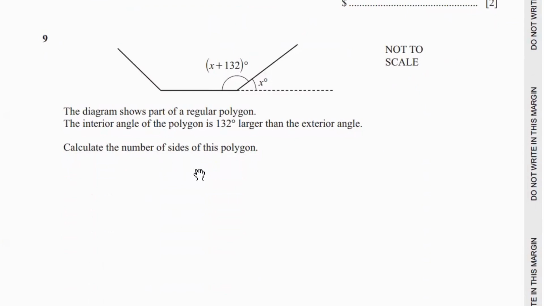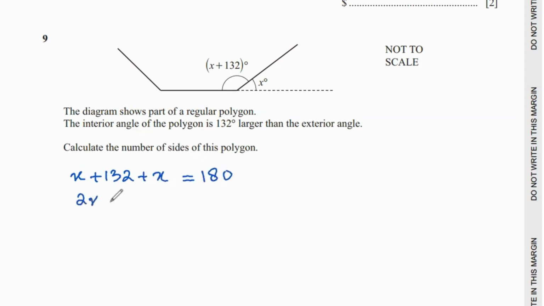Question 9 says diagram shows part of a regular polygon. The interior angle of the polygon is 132 degrees larger than the exterior angle. Calculate the number of sides of this polygon. So we can see that x plus 132 and x are making a supplementary angle. Both of them lie on a straight line. So when we add the 2 up, the sum would equal to 180.